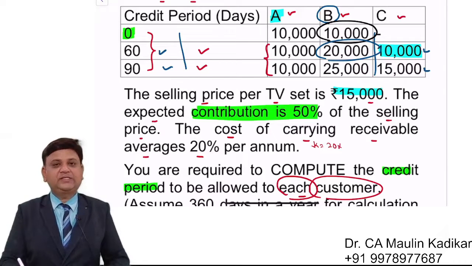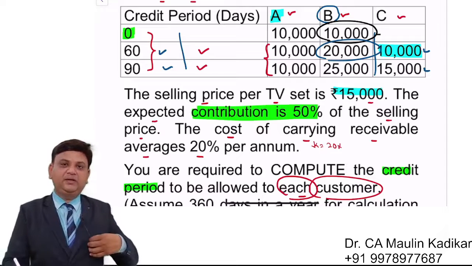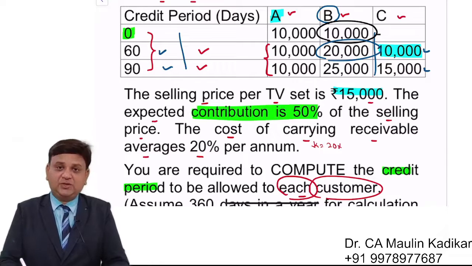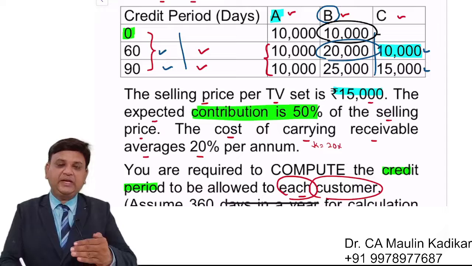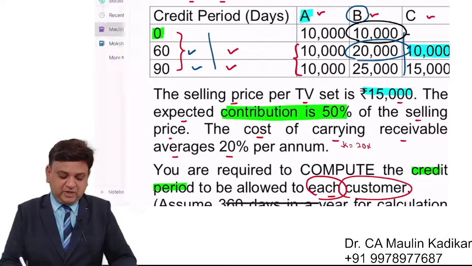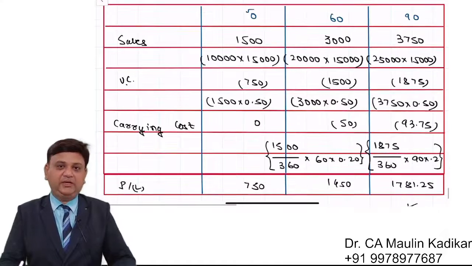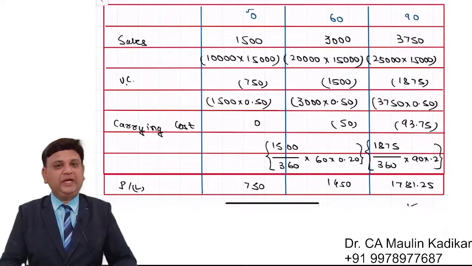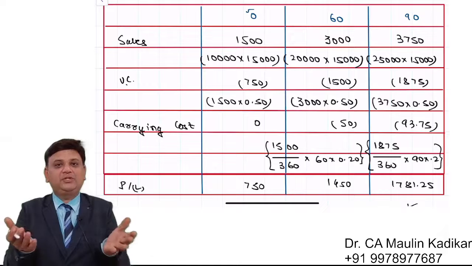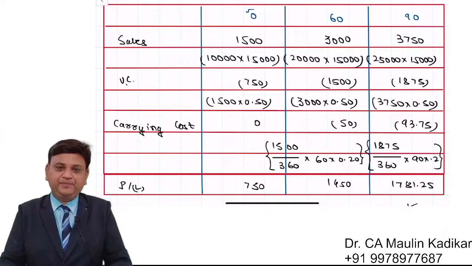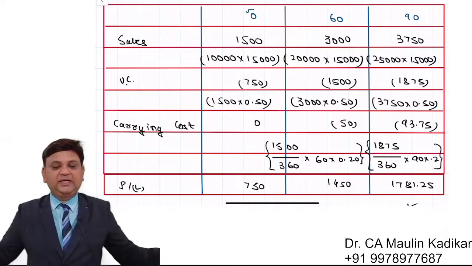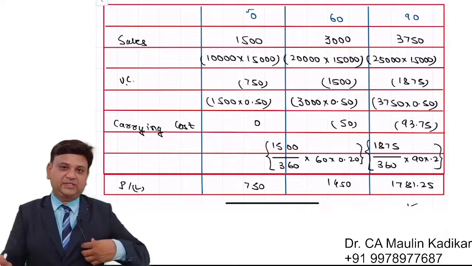And definitely when we increase the credit period, there will be an increase in the carrying cost. So without any incremental revenue, if the carrying cost increases, there is no point in increasing the credit period. So for A customer, no calculation is required, and we can simply say that no credit should be offered.